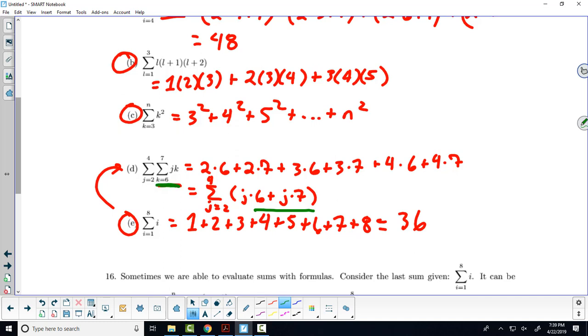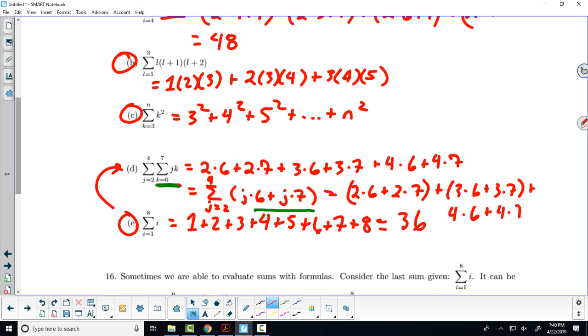But then we could go one step further, and we do sort of a distributive property. This is mimicking your distributive property in a lot of ways, and we get 2 times 6 plus 2 times 7, plus 3 times 6 plus 3 times 7, plus 4 times 6 plus 4 times 7, which is grouped the same way, but it's a little bit different way of thinking about it, which is, I think, in some ways easier as time goes on.